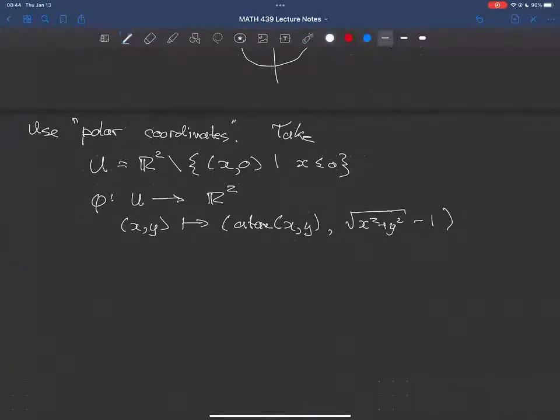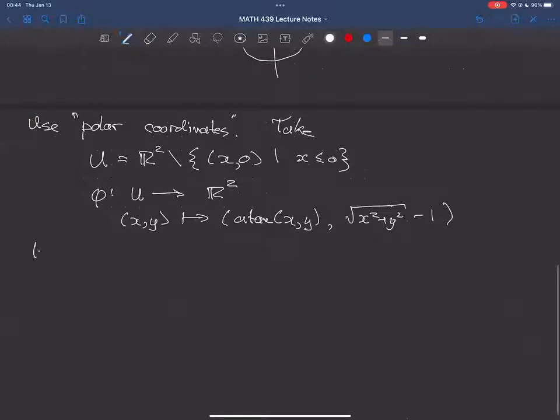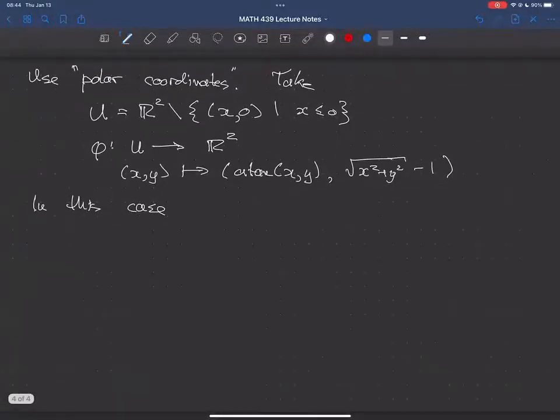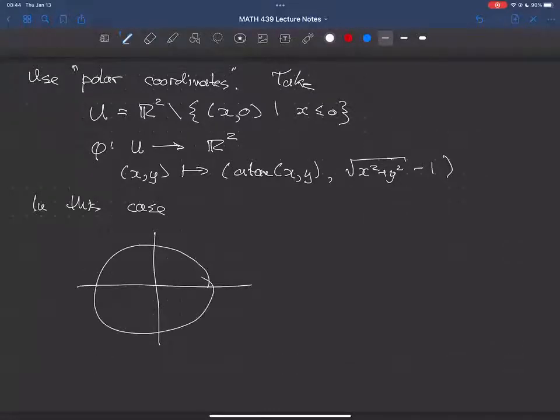All right. So in this case, let's look at what that chart does. Okay, so here's R2, here's S1.